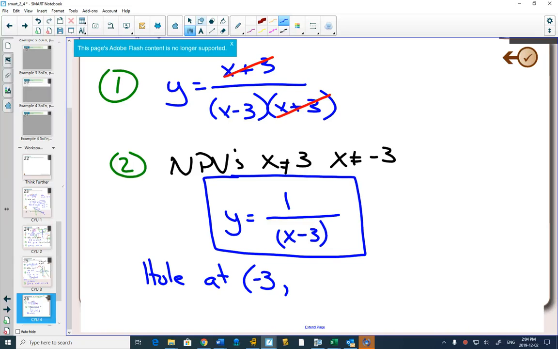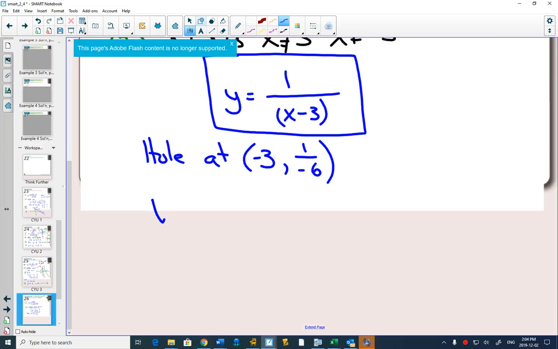We plug negative 3 into our new equation, and we would get 1 over negative 6. That's our hole. The 3 that's still there, that non-permissible value, is a vertical asymptote. So this is our first graph with a hole and a vertical asymptote.